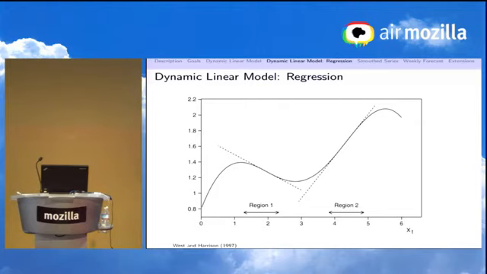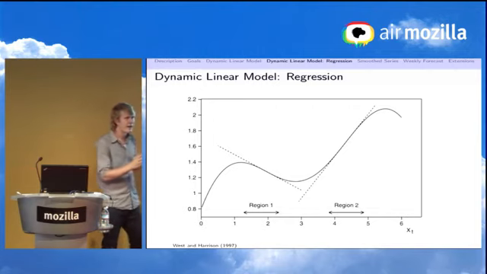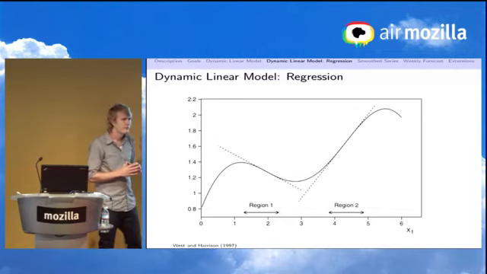Similarly, in region 2, a line will fit the curve very well. But this dotted line and this dotted line have different intercepts and different slopes. So as we progress through time, we need to have the intercept and slope changing in order to fit a trend line which is curvy and not necessarily just a straight line. And so basically, this is the setup of a dynamic linear regression.